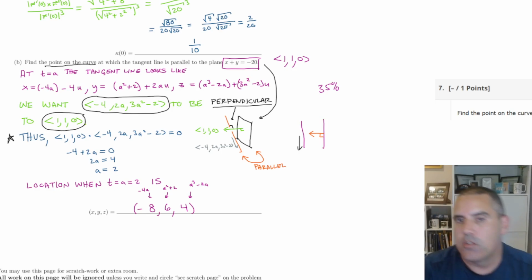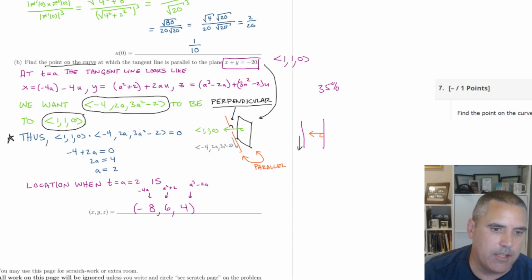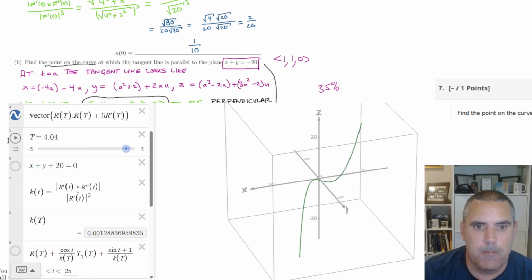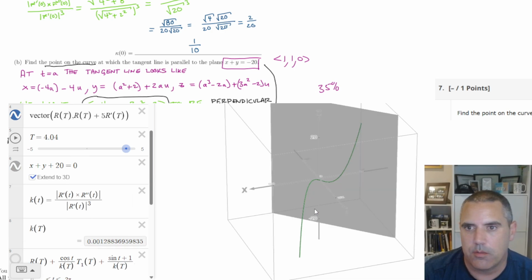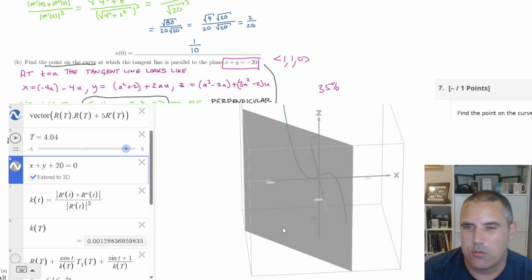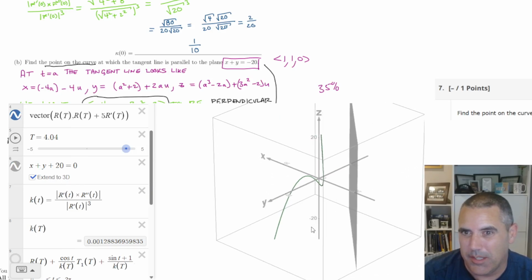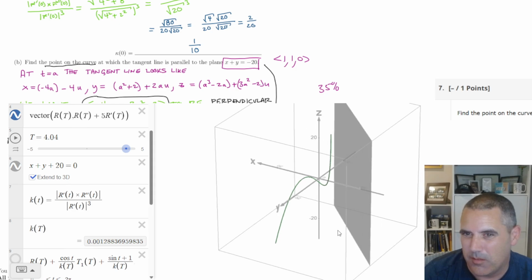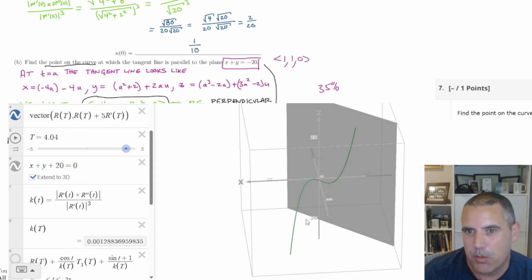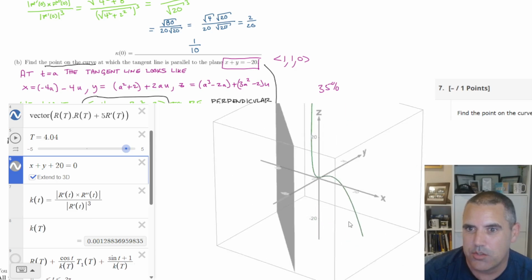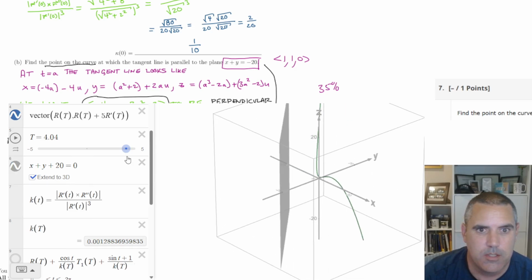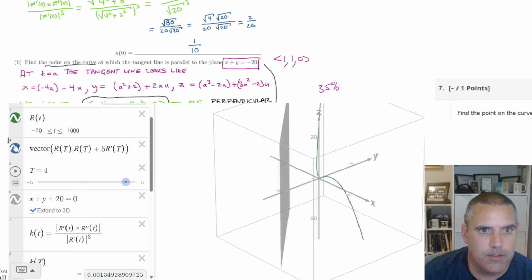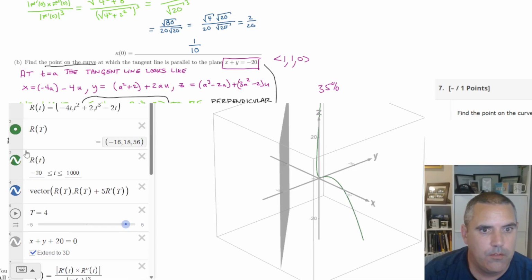Okay, so let's just show you visuals of that too, because I'm kind of into this. Here is the equation for that plane. So a natural question is, when are you parallel to it? Is there any time when your tangent line is parallel? Not the most interesting question, but like that homework question. So let's get rid of the oscillating circle.